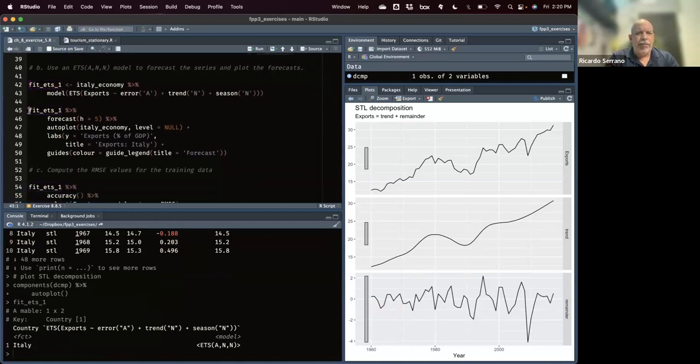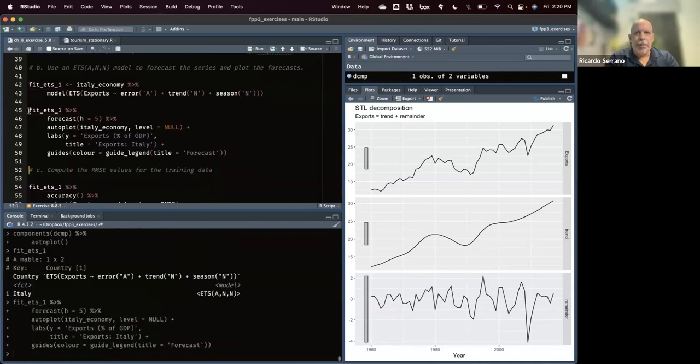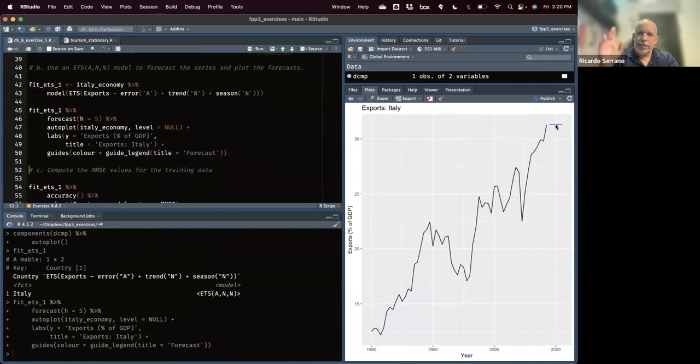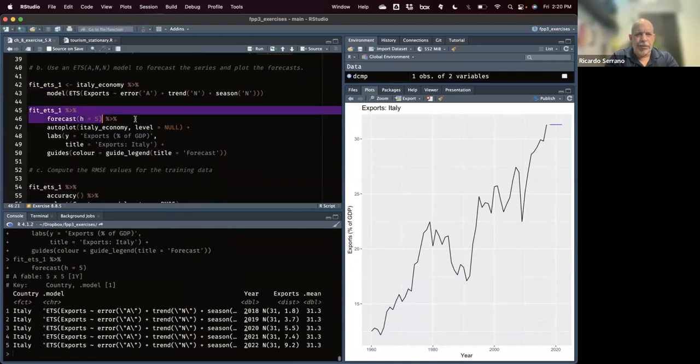Then I can do the forecast from that fitted model, right? The forecast is the same, the 31 figure, which is close to the last figure, right? Because we're not trending. The only thing that changes here is the variance. The longer the horizon that we forecast, the more uncertainty those numbers are going to get. So the variance is going to get a little bit bigger, but the value is going to stay the same because there's no trend.